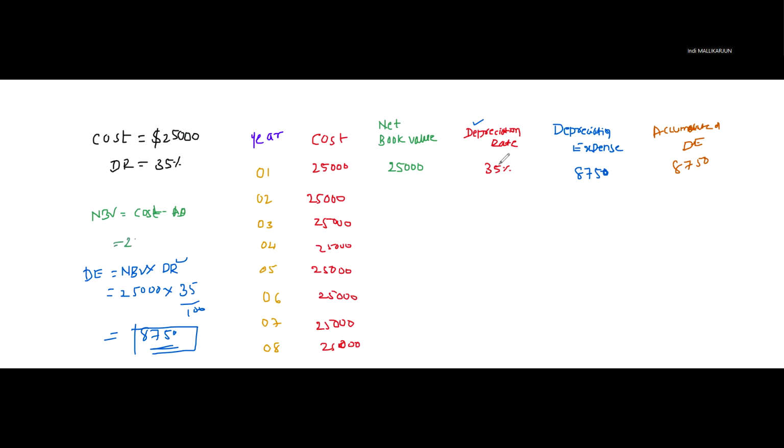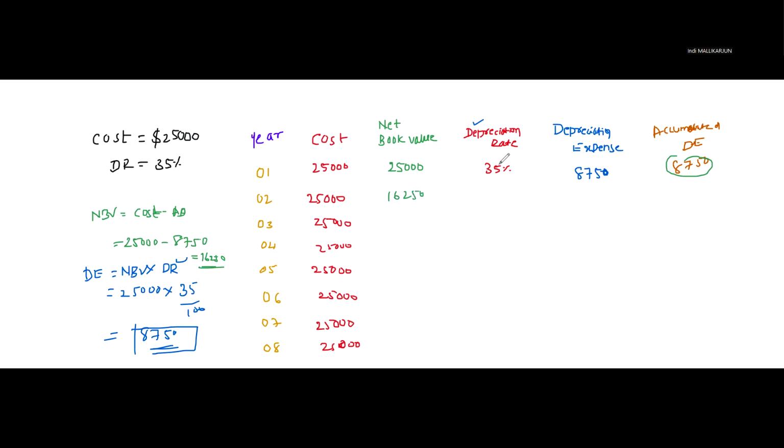It was 25,000 minus this accumulated depreciation for the first year, 8750. Now what is your net book value? It is 16,250 rupees. This is our net book value.